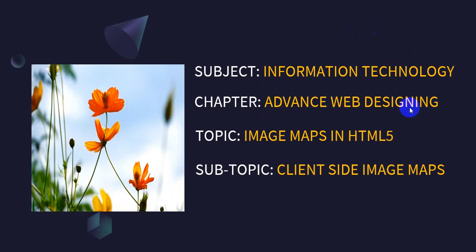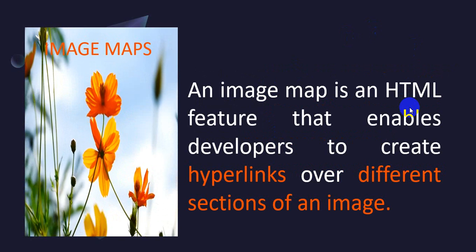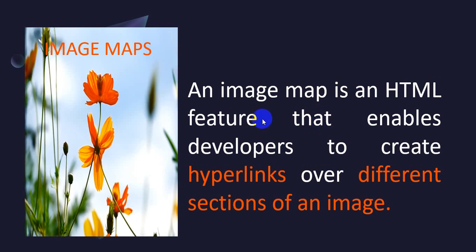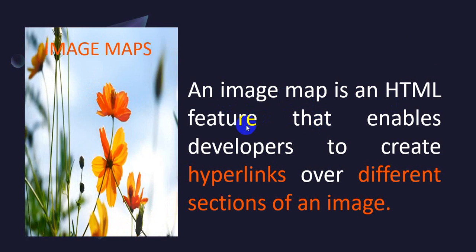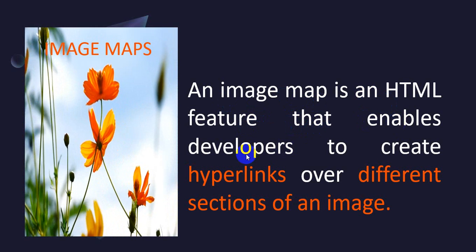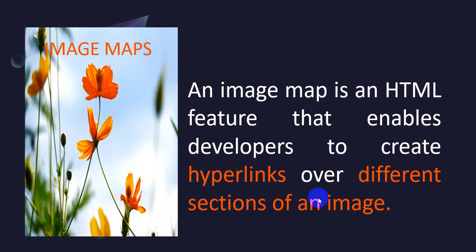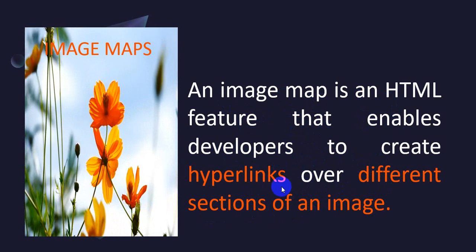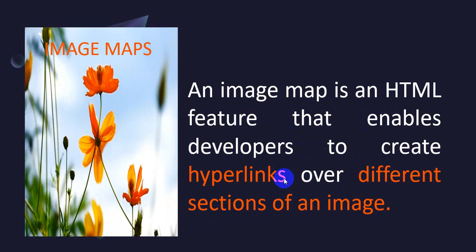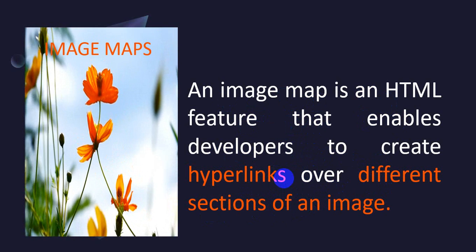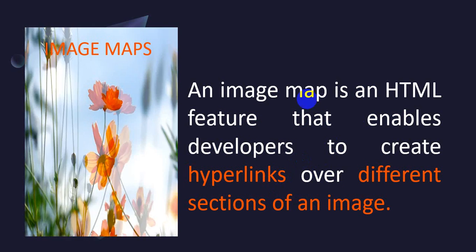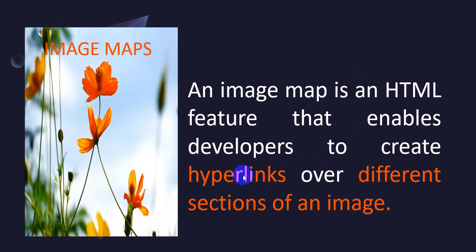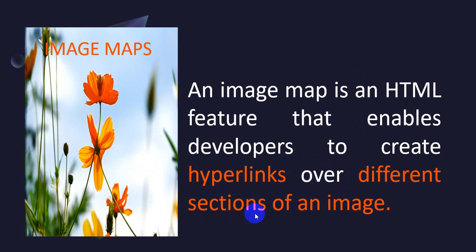Let's have some important definitions. I have just written: an image map is an HTML feature that enables developers to create hyperlinks over different sections of an image. I have just explained. In image mapping, the developer, like you and me, the person who is going to create a website or web application, creates hyperlinks over different sections of an image.